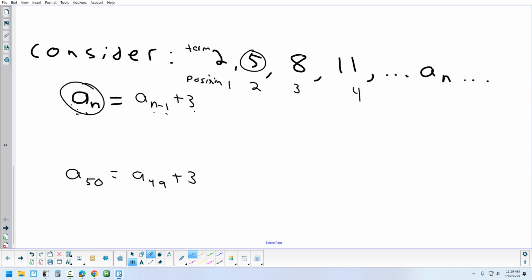Okay. Was I given the 49th term in that equation? No. So now, in order to get the 50th term, I need to know the 49th term. How do you get the 49th term? A sub 48 plus 3. Okay, 49 minus 1, that's the 48th term, and you add 3 to it.